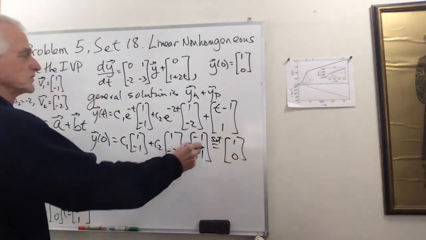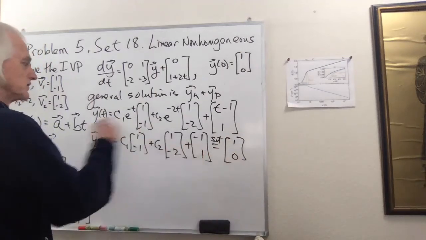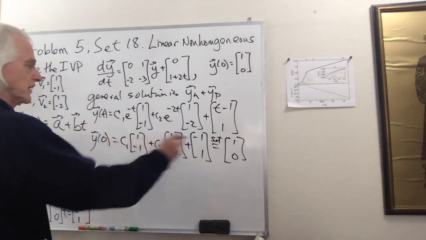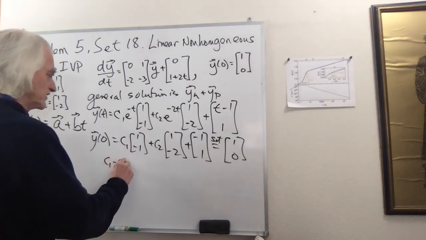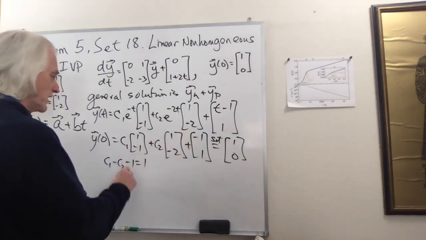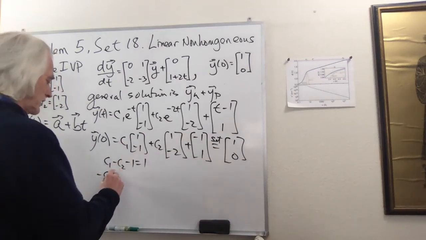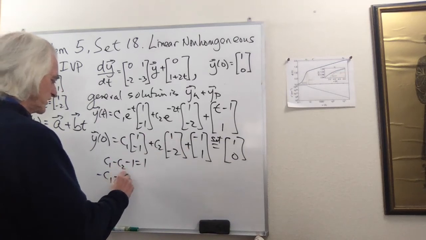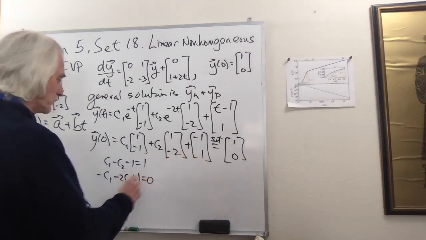All right, so cool. So that means that the equations are, first component is C1 minus C2 minus 1 equals 1. The second component is -C1 minus 2C2 plus 1 equals 0.